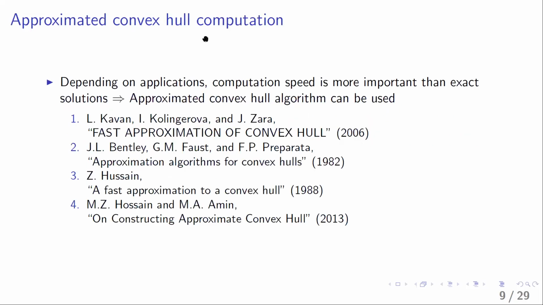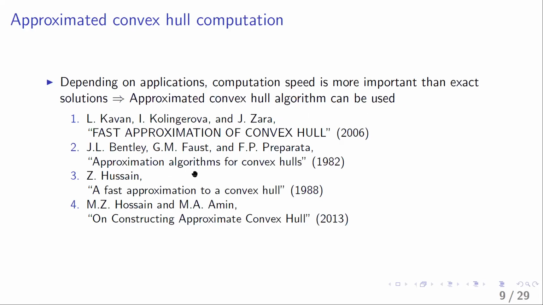On the other hand, depending on applications, computation speed is more important than exact solutions. In such cases, an approximation algorithm may be used. In fact, several approximation algorithms have been proposed.